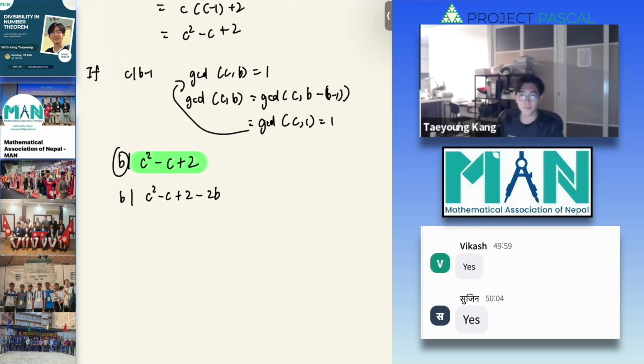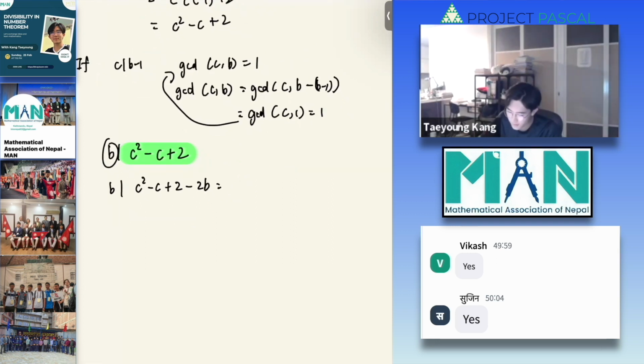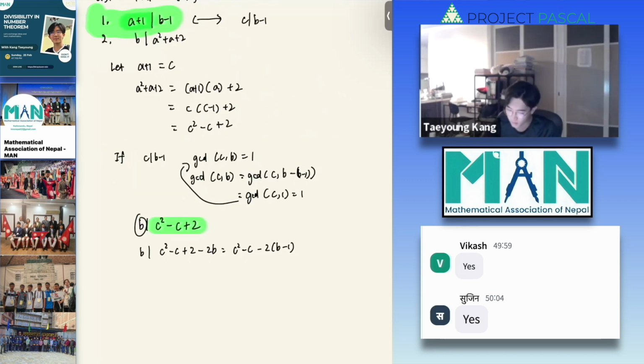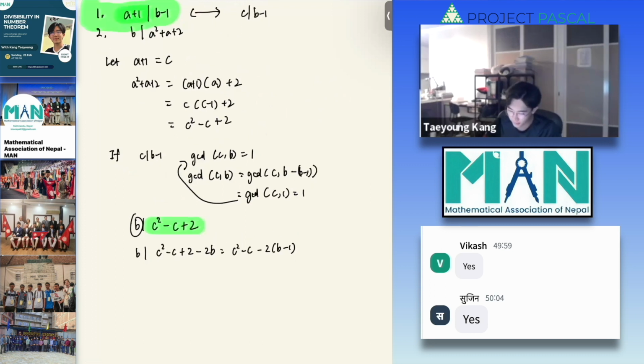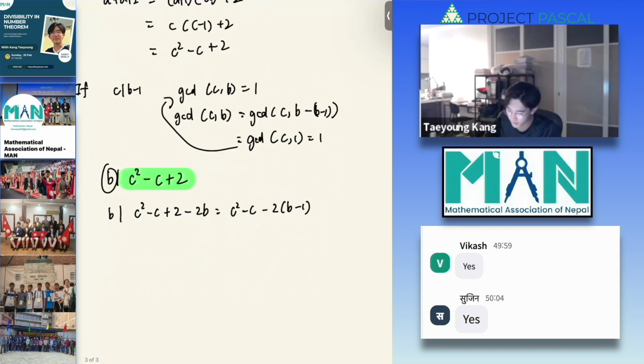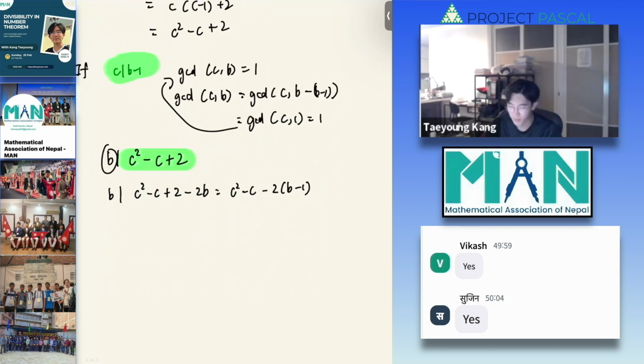You guys agree? And what is this? This is equal to C squared minus C minus 2(B minus 1). Condition 1 states that C divides B minus 1, right? So this is divisible by C. But at the same time, this is also divisible by C. And we know that B and C are coprime.